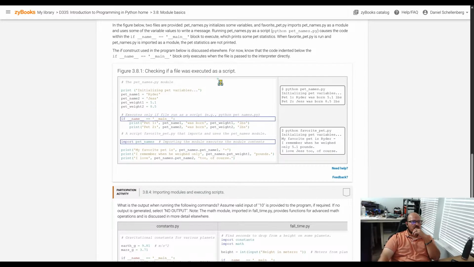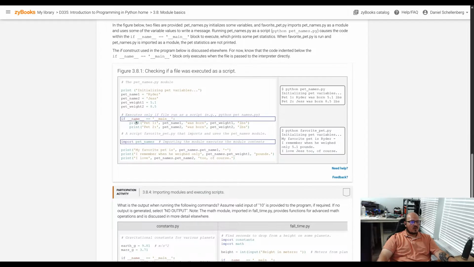Checking if a file was executed as a script: if __name__ is equal to "__main__". Python pet_names.py, initializing pet variables, pet1 and so on. Python favorite.py, initializing pet variables, my favorite pet.